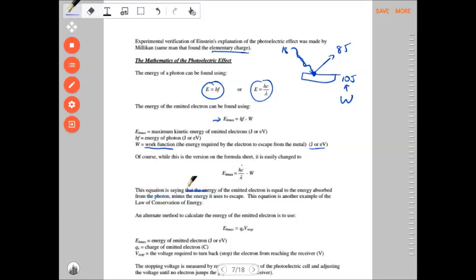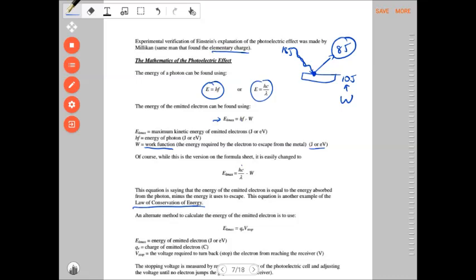This equation is just saying that the energy of the emitted electron is equal to the energy absorbed from the photon minus the energy it uses to escape. This equation is basically another example of the law of conservation of energy. Energy can't be created or destroyed, so the maximum energy of this electron that gets kicked off is the energy coming in minus the energy it takes to escape.